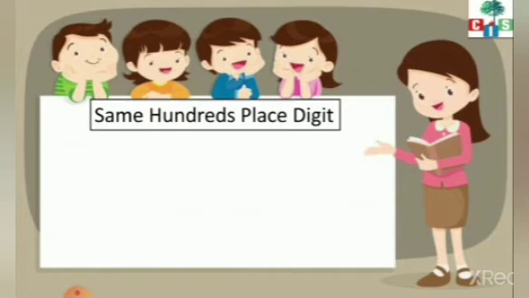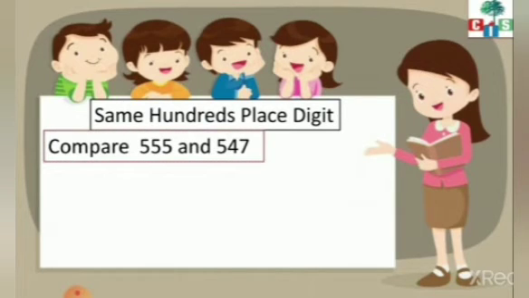Same hundreds place digit. How will we do it? If it is the same hundreds place digit. So let's start. Compare 555 and 547. First we will write under correct place value. Hundreds, tens, ones.